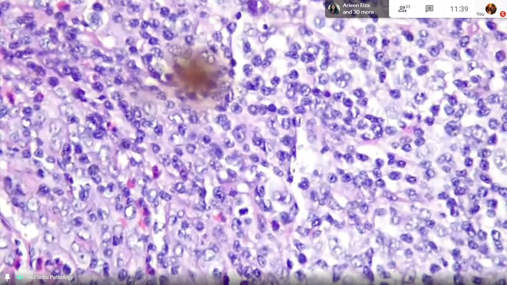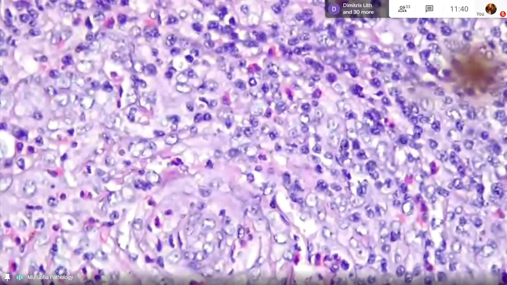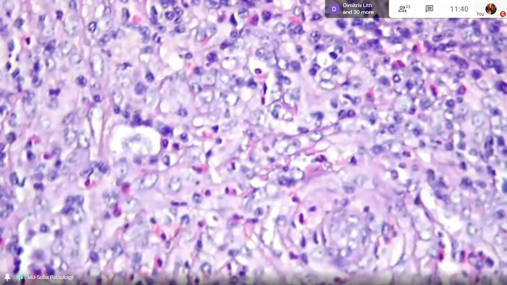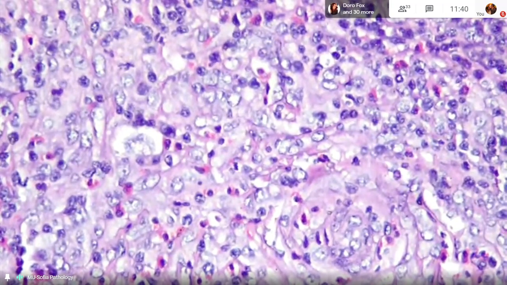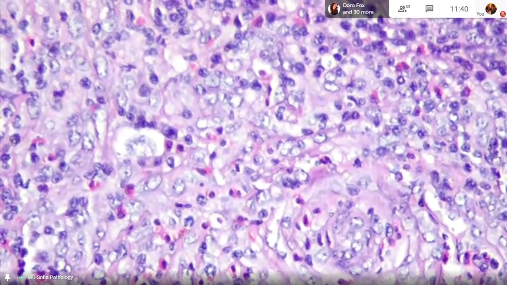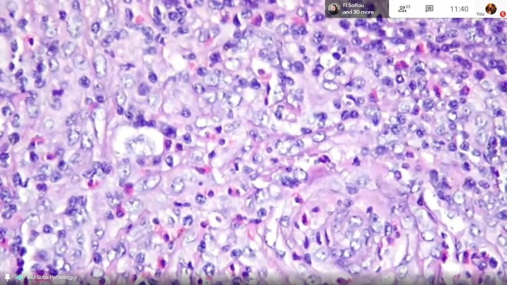Is it the right part on your screens? And you can see a lot of eosinophil leukocytes here. Do you see them? Or should I put them in the center? Do you see how many eosinophil leukocytes you have? Yes. Okay. So we have the background of inflammation. Plasma cells can also be found, but because I cannot use the arrow, even if I use it, you don't see it. It's a little bit difficult.